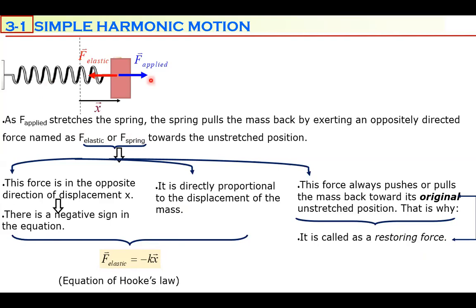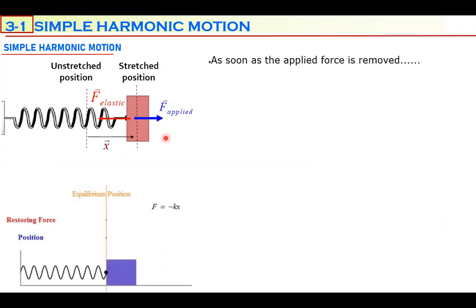And if we release this object, of course, you are pulling with some applied force, and the spring force or elastic force pulls the object back. As soon as the applied force is removed, this elastic force starts pulling the object back to the unstretched position. But when the object is pulled back to the unstretched position, it will not stop there because it gains some energy.